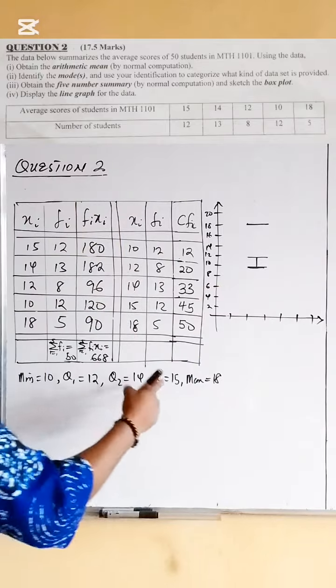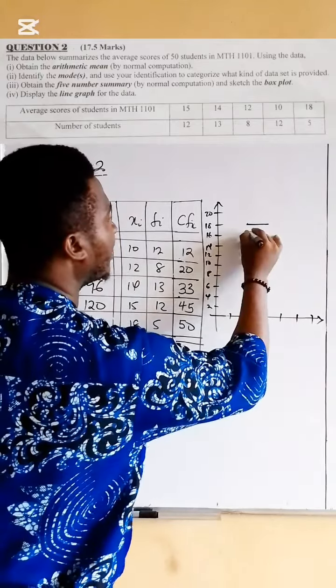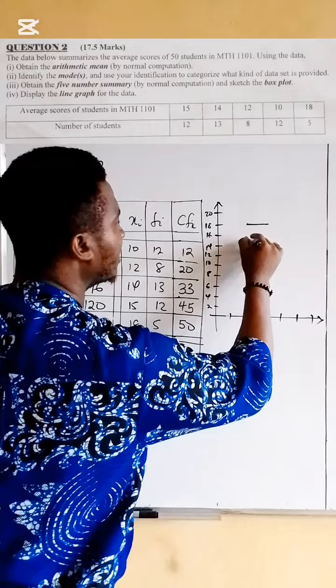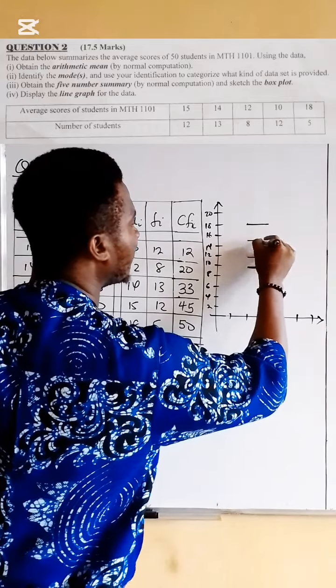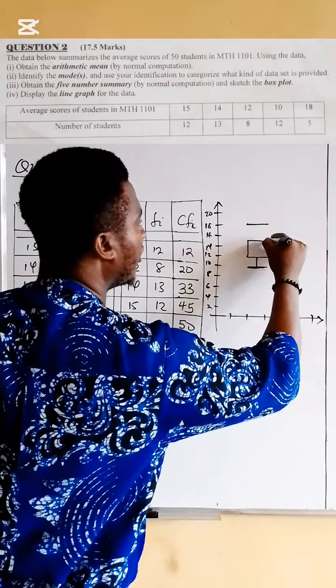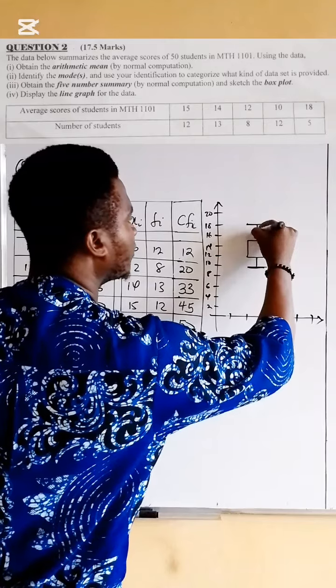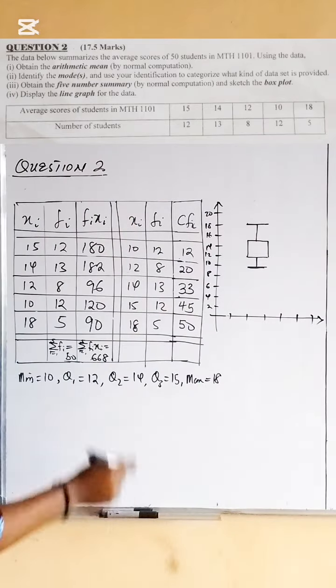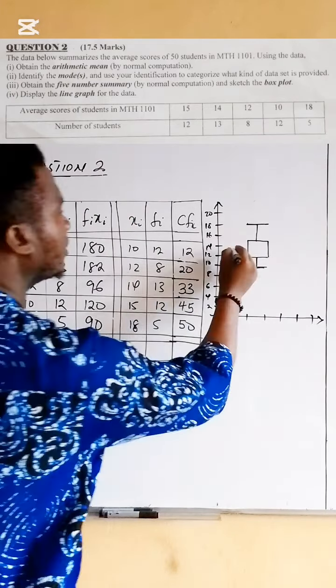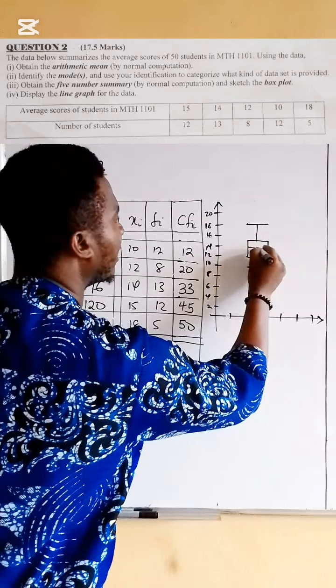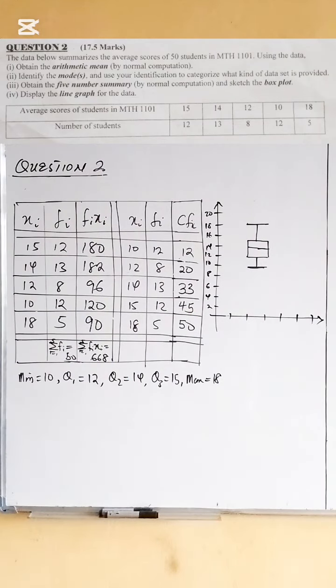My Q3 will be 15, so I'm going to come here in between 14 and 16 and put this as 15, and I will draw my rectangle and put the middle here. Then my Q2 will be 14, which is this. And this gives you the box plot solving that problem. It's as simple as that. Let's move over to the next question.